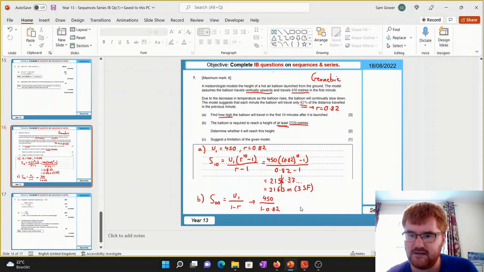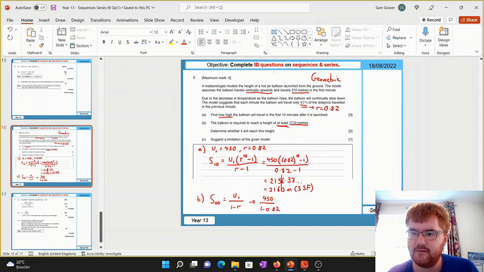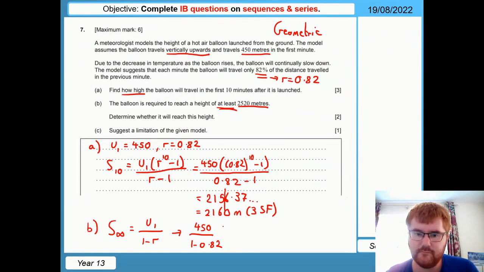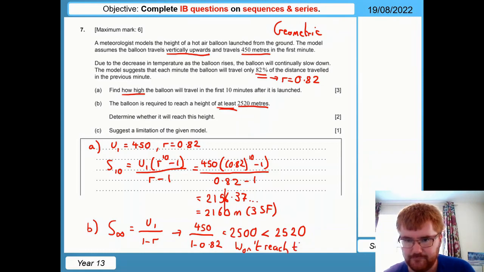So let's pop that in. Oh, that's weird. 2,500. Now this is less than 2,520, so it won't reach that. Won't reach the height. So I'm going to put in just a sentence there just to make it nice and clear, like so.